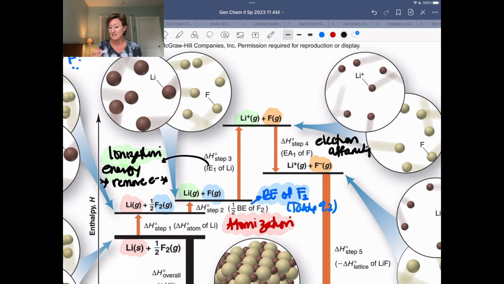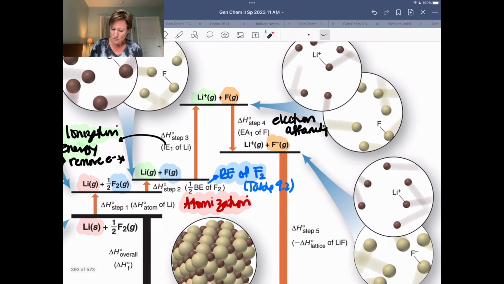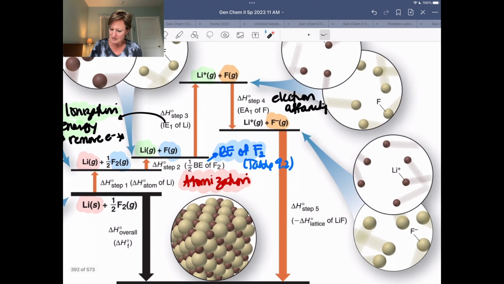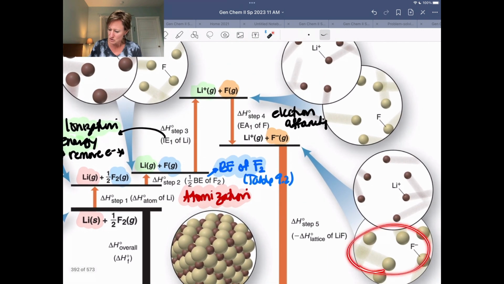Notice in this case, and this happens to be because fluorine is the most electronegative atom, it really wants to take on an electron, so that's actually a downhill. That's one of our gains. That's going to be a negative delta H value. We're going downhill in energy. But again, we can see what happens here is we're taking fluorine as neutral atoms and we're making fluoride anions. Okay, so here, that's down this picture here. So we've got these fluoride anions.